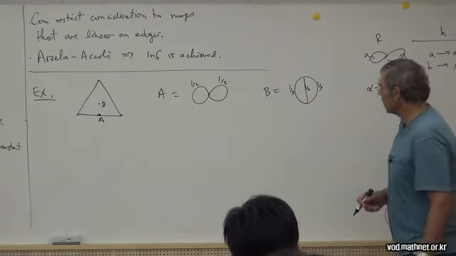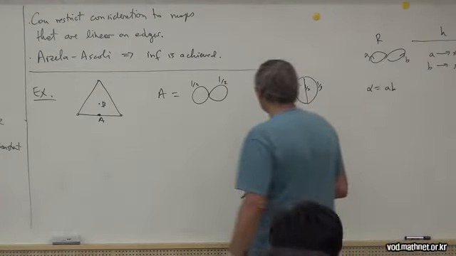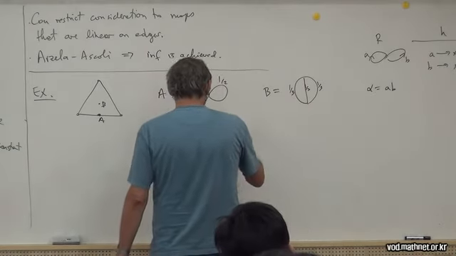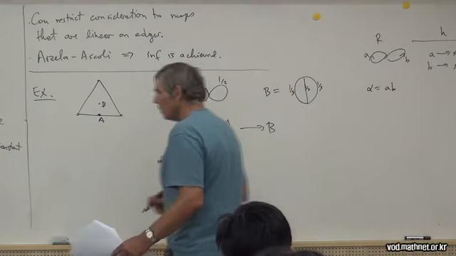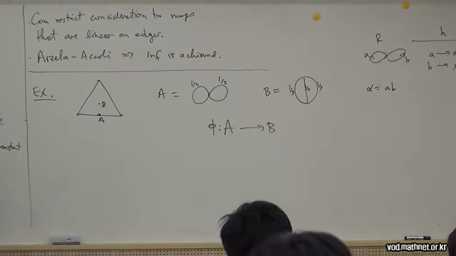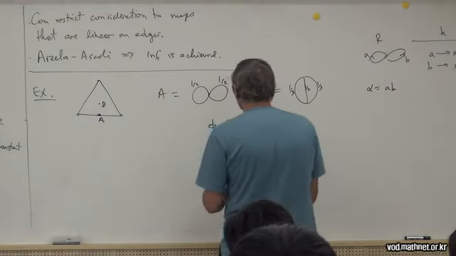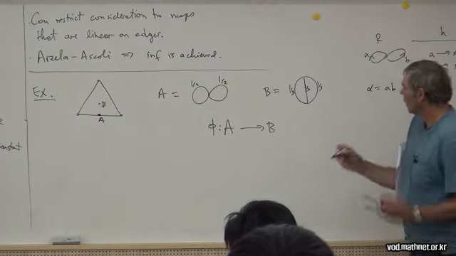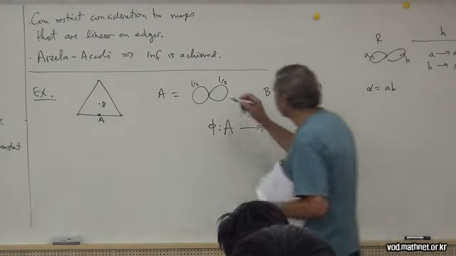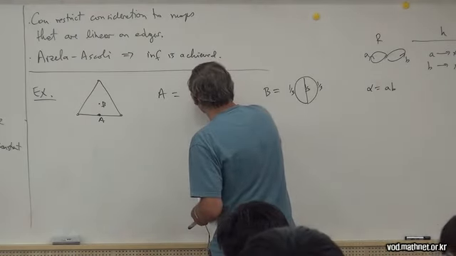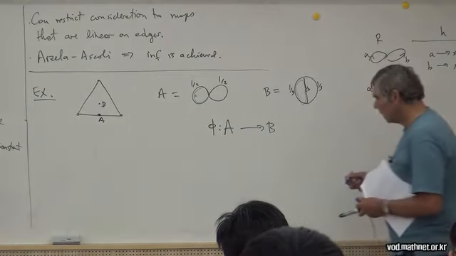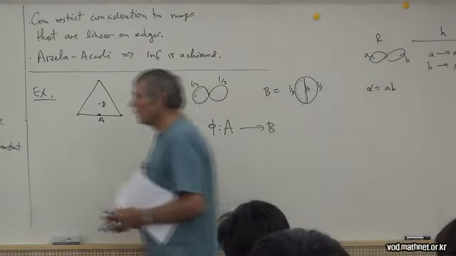And the difference of markings from A to B, let's consider phi from A to B. Maybe I'll just draw it in the picture. It'll send this base point to the middle of the middle edge, and it'll send this loop here, maybe we'll call it A, around here, and it'll send the other loop to the other.